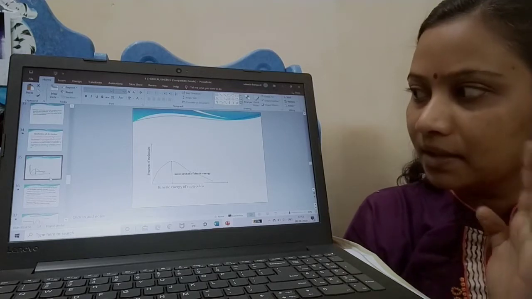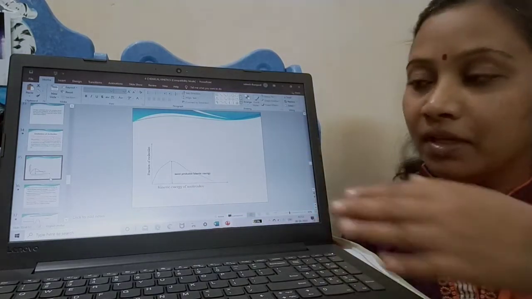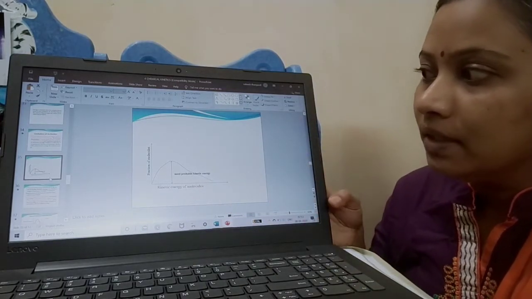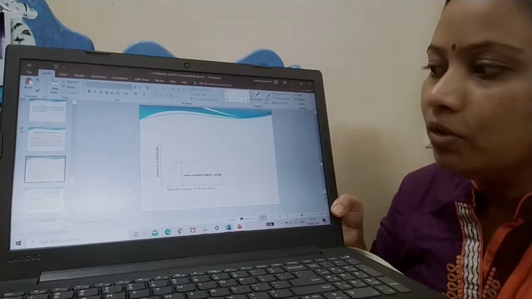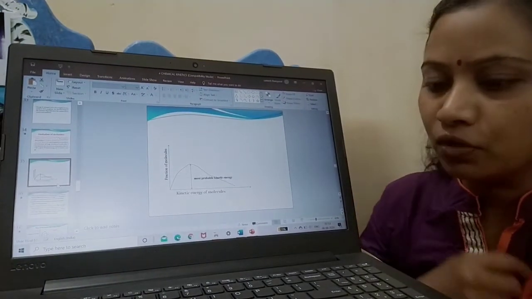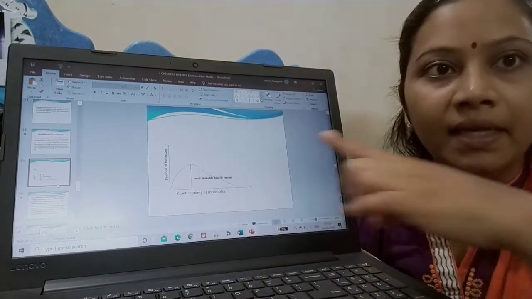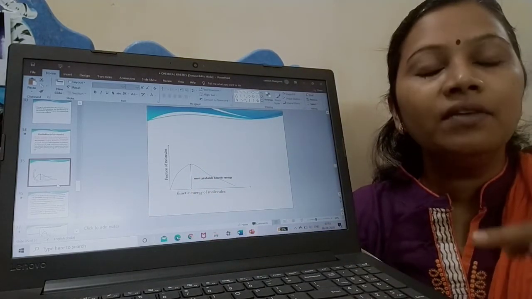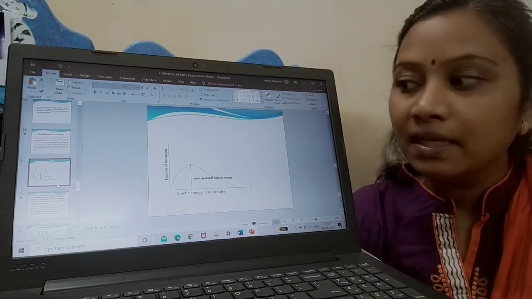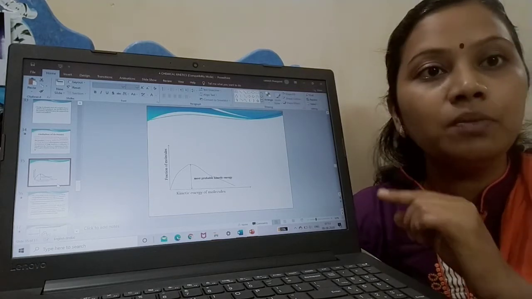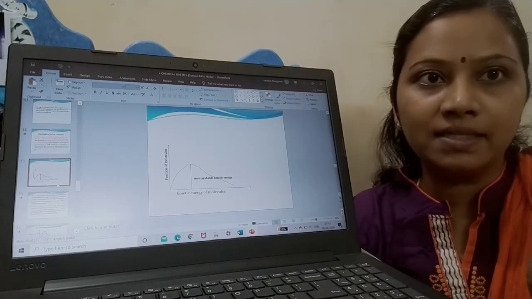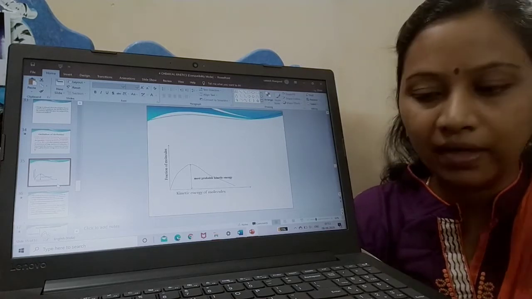How does that occur? See, this is a graph which plots the fraction of molecules along with the kinetic energy of the molecules. Now, this is the most probable kinetic energy. My intention is, when temperature increases, the kinetic energy possessed by the molecules increases. As a result, the reaction rate is doubled.